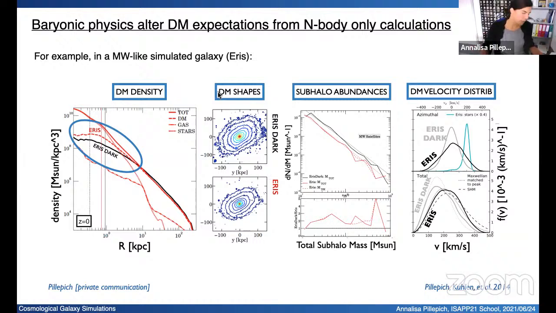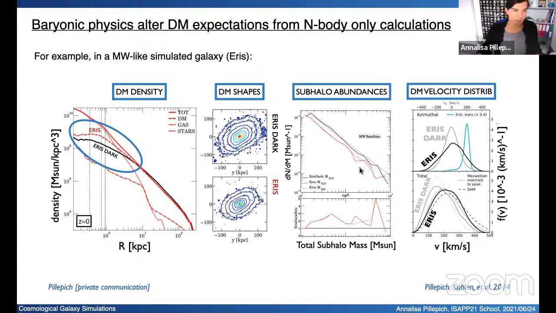We know dark matter halos are not spherical. They're typically triaxial. In fact, baryonic physics makes them a little bit more oblate in the regions where there's also gas and stars. The very popular missing satellite problem is now totally surpassed, I would say, as of these years. But it's also very important to realize that the abundance of subhalos depends on whether you are solving for gravity and dark matter only, or for full physics simulations.